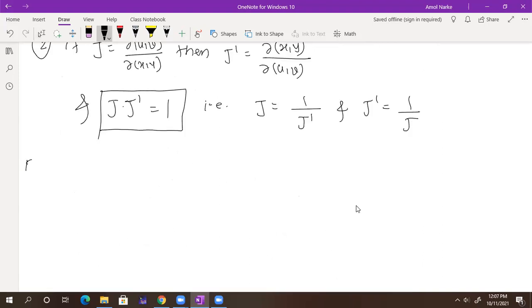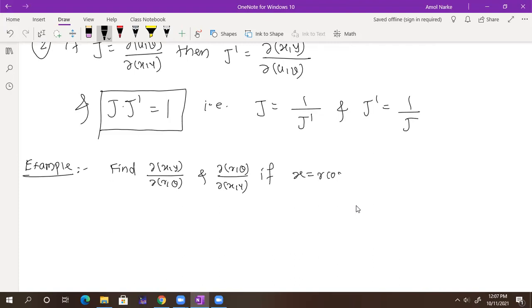Example: find the Jacobian of x, y with respect to r, theta, and the Jacobian of r, theta with respect to x, y, if x is equal to r cos theta and y is equal to r sin theta.